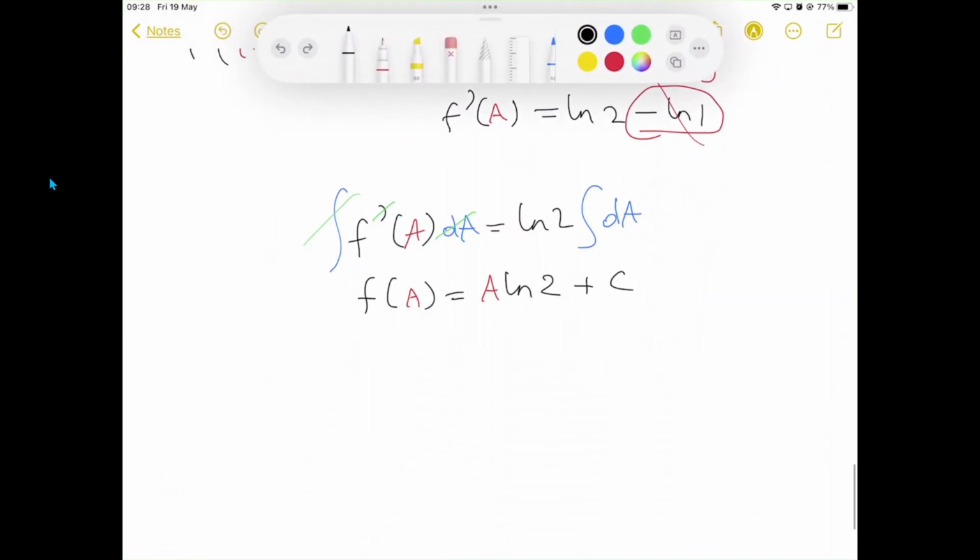The reason we need this plus c is because we are working with an indefinite integral. So remember from previously, the original definition of this f of a that we had assigned was the following integral with respect to x, of course. This one.